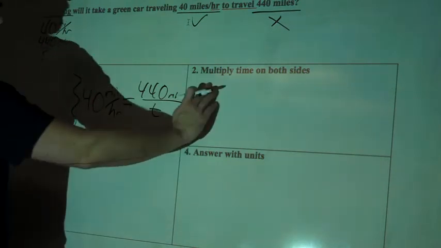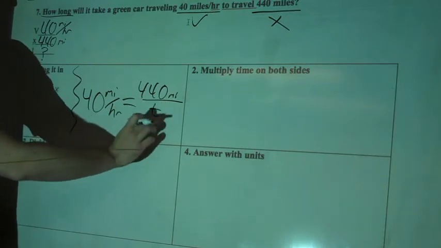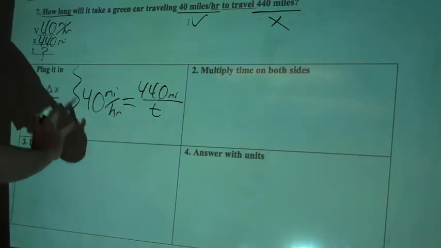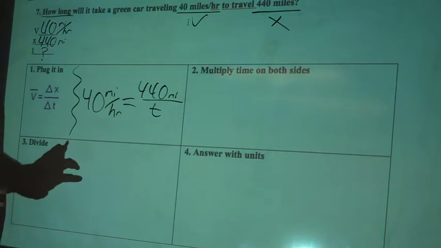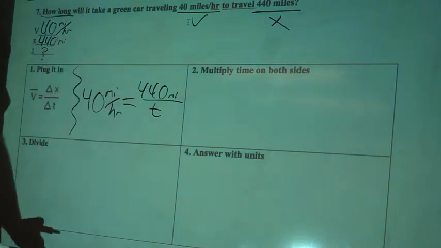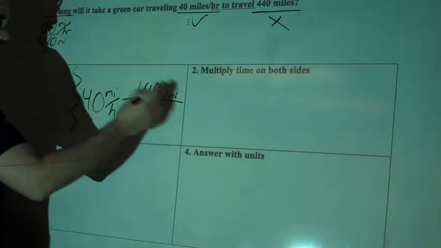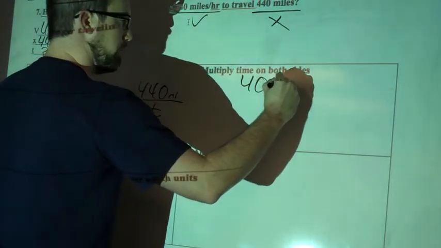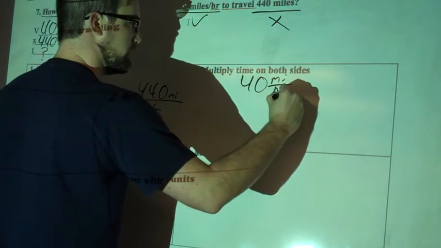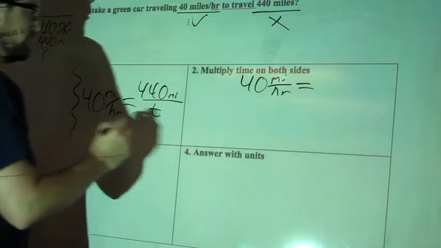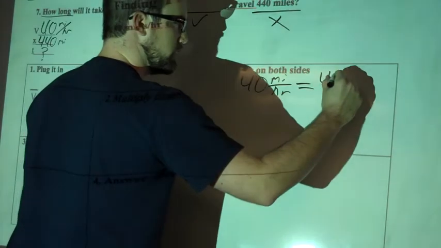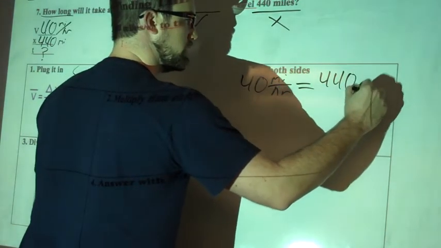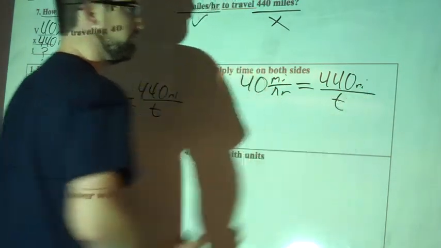Next step, multiply time on both sides. We're going to try to get time outside of the denominator, and then we can do more algebra to divide and solve for that t. So I'm going to rewrite my equation over here. 40 miles per hour equals 440 miles divided by time.